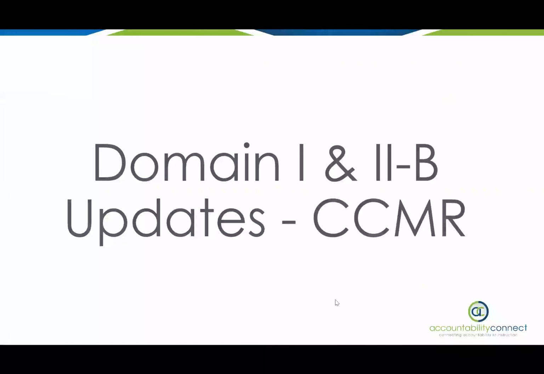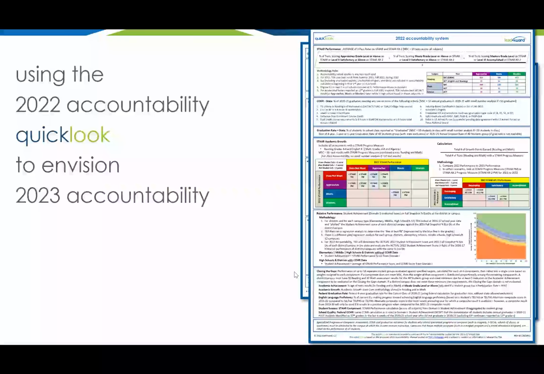The next change, which is a significant change for us, is in the area of CCMR, career, college, military readiness. We see CCMR come up in both domains 1 and 2B, as well as in domain 3.